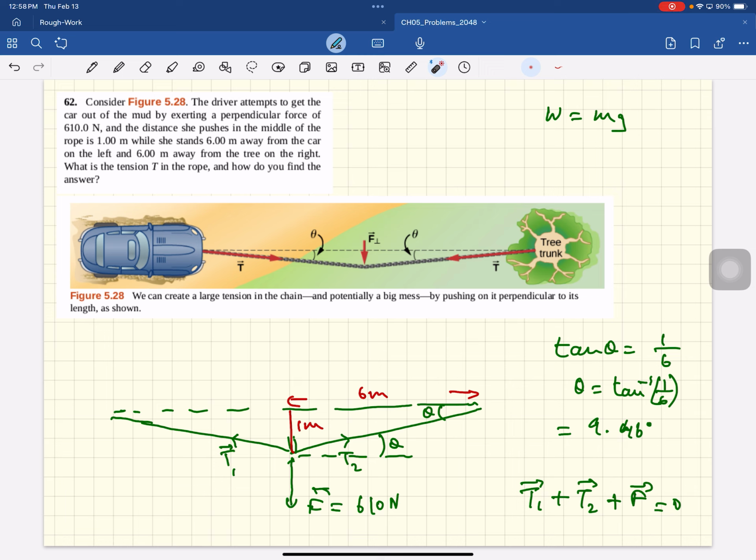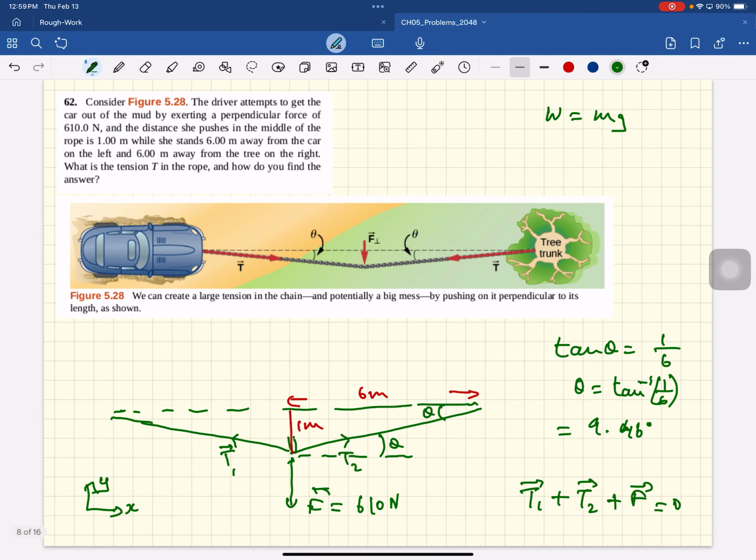On the other side, you get T sine 9.4 plus T sine 9.4 minus F equals 0, but here it says T1 plus T2 plus F equals 0, so how do you get that? This is a vector equation, so these are the x and y components.